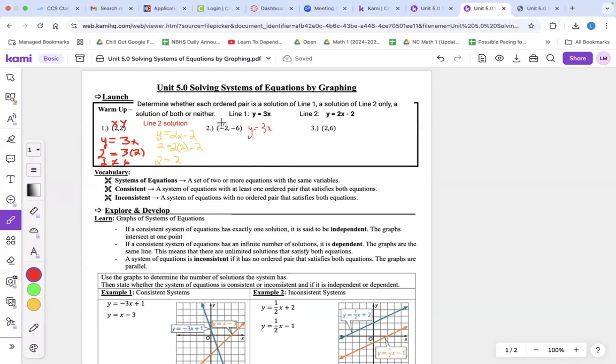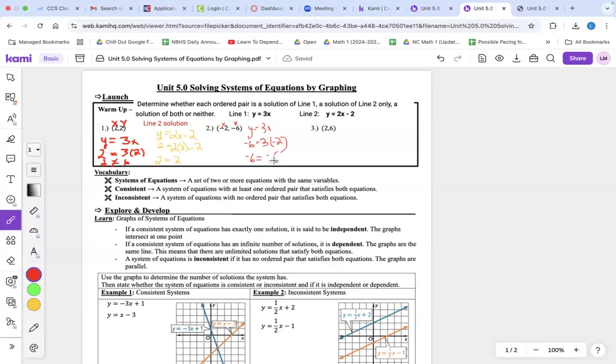We know this is x. This is y. So y is -6 equals 3 times -2. And that gives us -6 equals -6. So we know it's a solution for line 1.